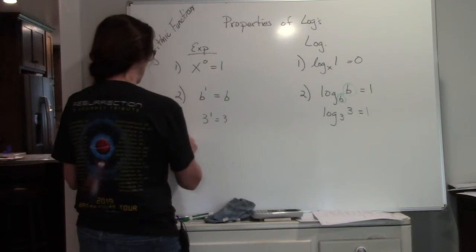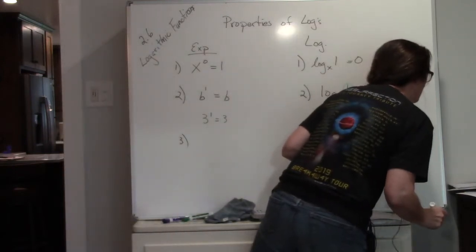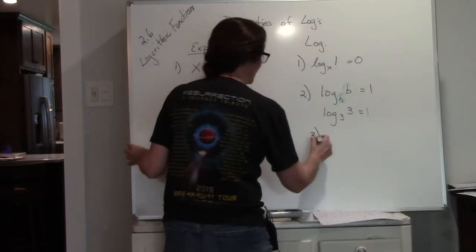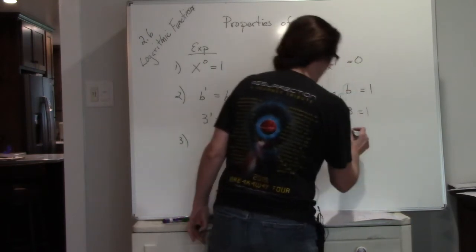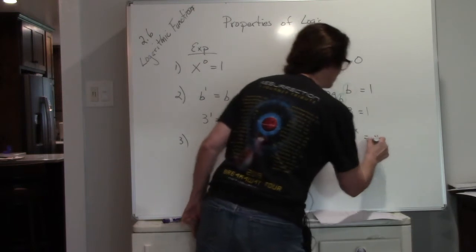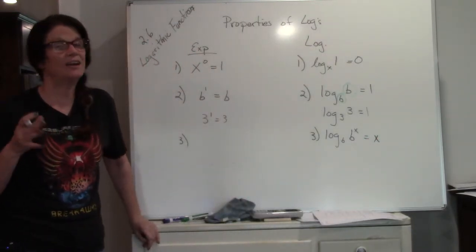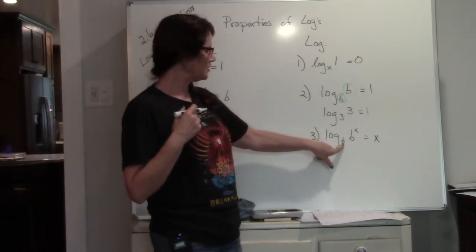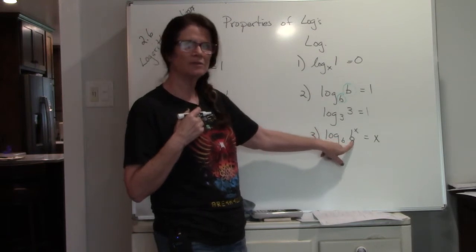Okay? The next property, I'll write it over here first, is log base b of b to the whatever power is going to equal that exponent. This is kind of a little play on words, if you will. This is saying, what's the exponent on b that gives me b to the x power?